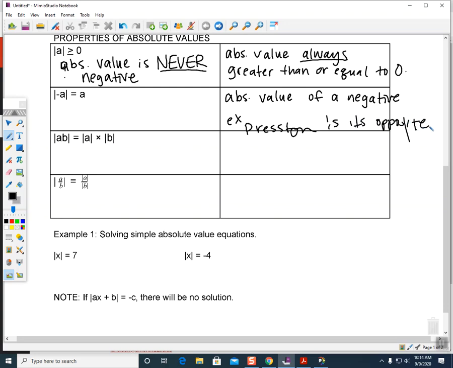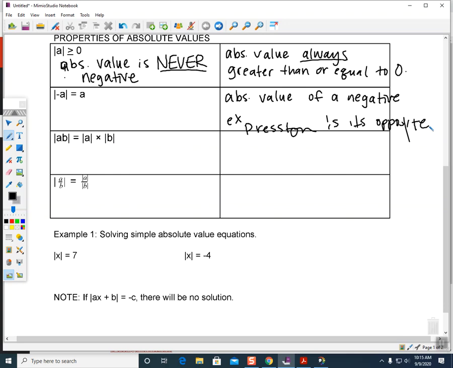Okay, that says the absolute value of a negative expression is its opposite. And we know that's true. If I say the absolute value of -2, the opposite of -2 is +2. So the absolute value of a negative expression is its opposite.